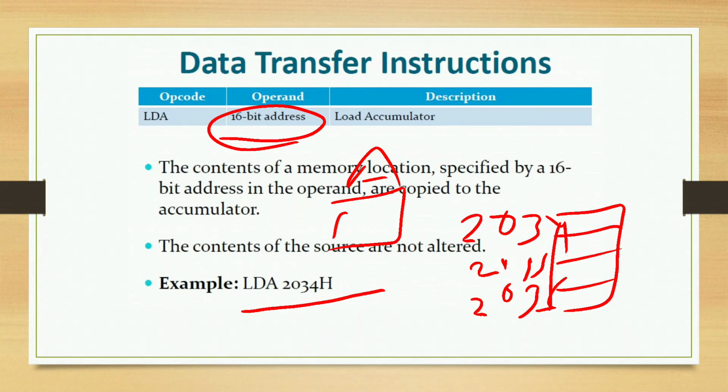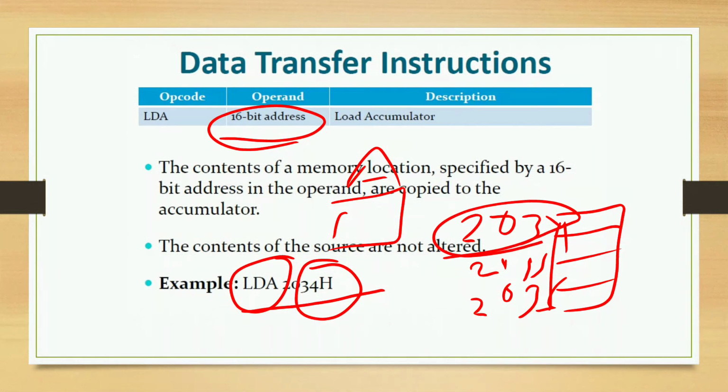In this instruction, it will load the content of the memory location, that is 2034, into the accumulator.